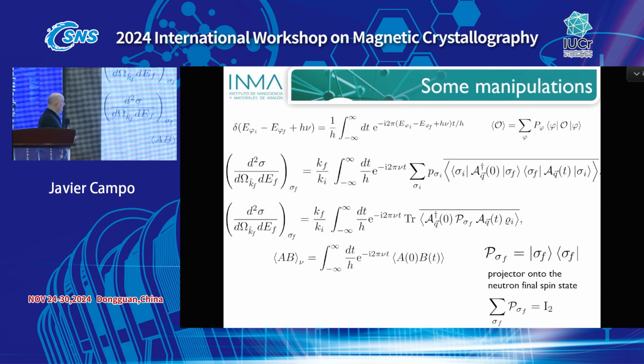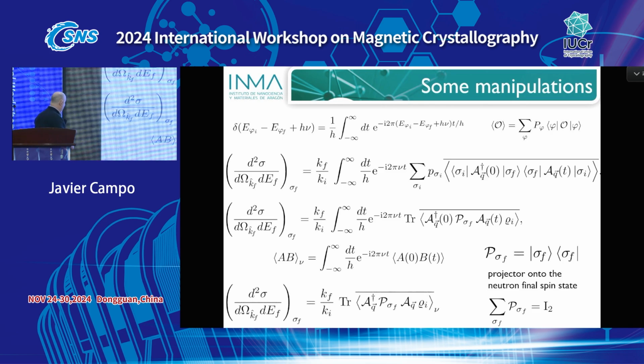This is a trick that everyone uses, that we can say the correlation function between two operators, 0 and t, integrated over the energy like this, we express in this way. This is to reduce the use of too many symbols.